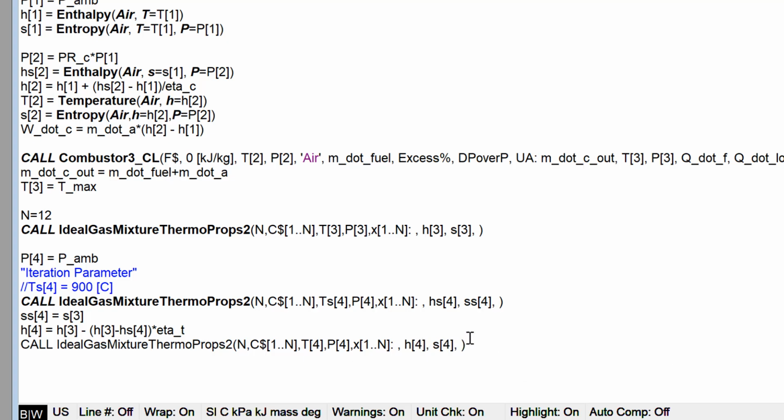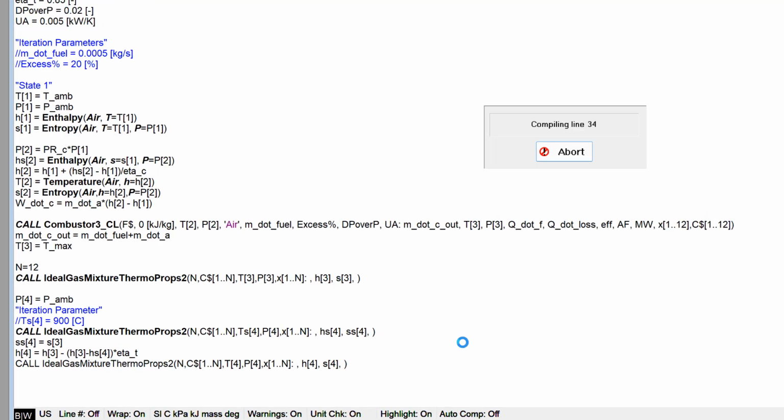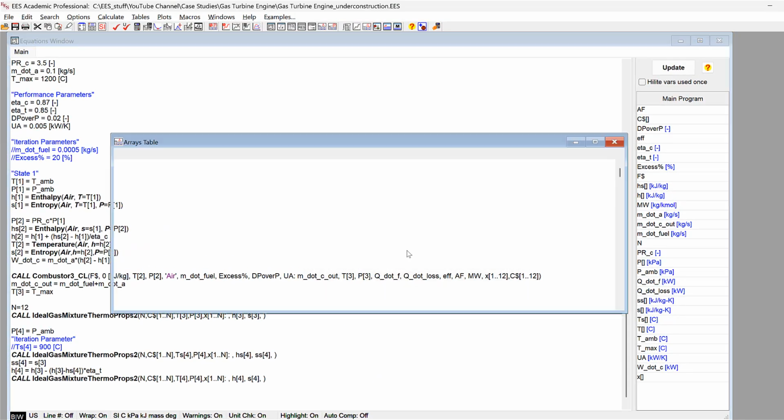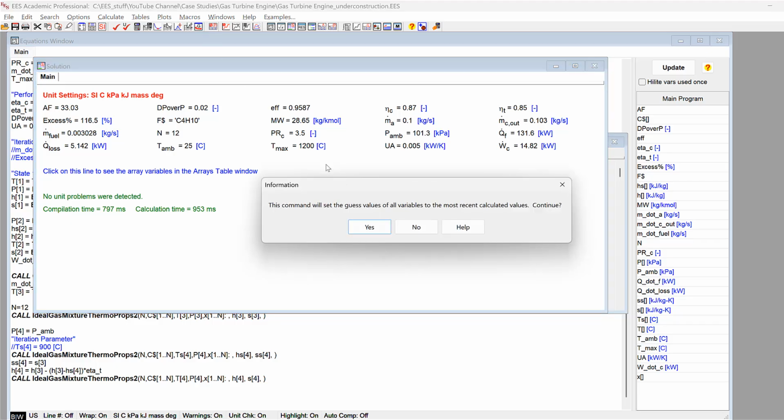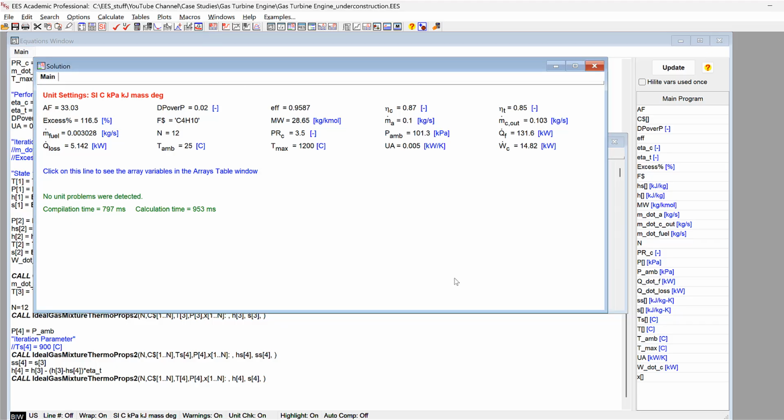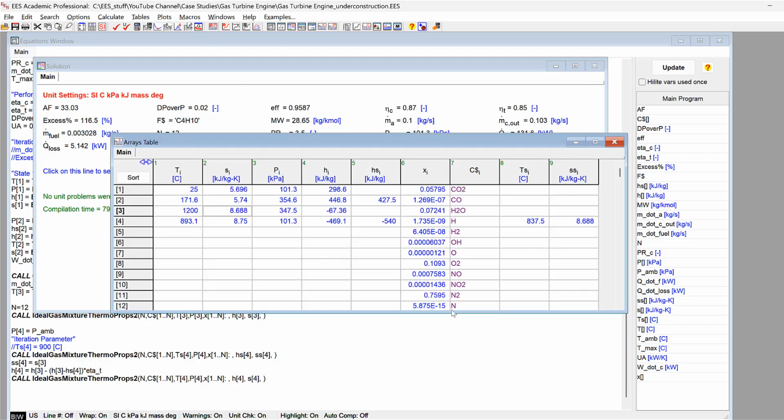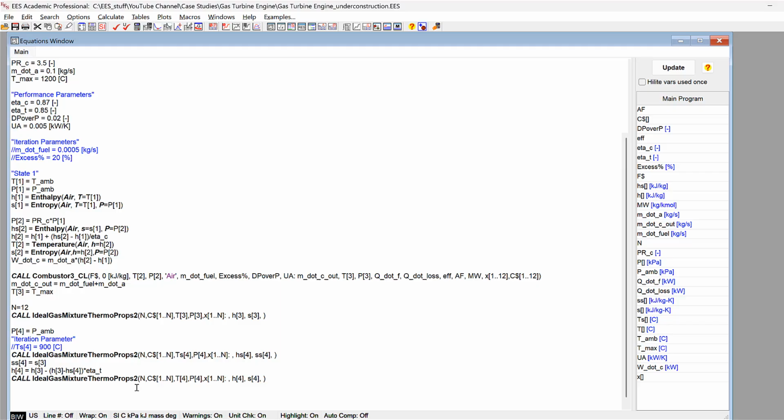I think this is probably an easy enough iteration that it could just find that, and it does. I'll update my guess values, and what's leaving the turbine is going to be at 893.1 degrees Celsius.